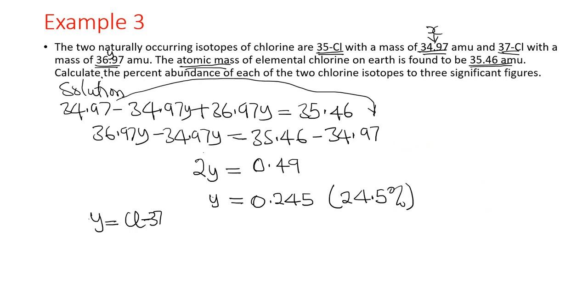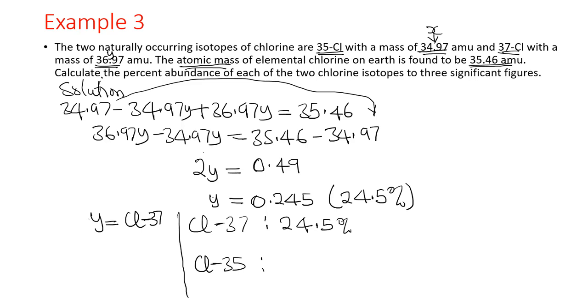So I will say that chlorine 37, we have 24.5%. Chlorine 35, we have the rest.